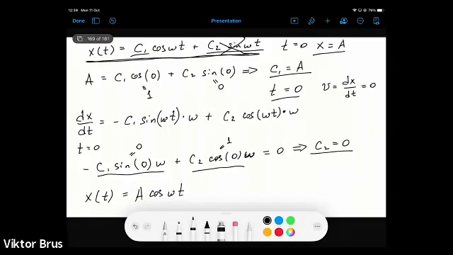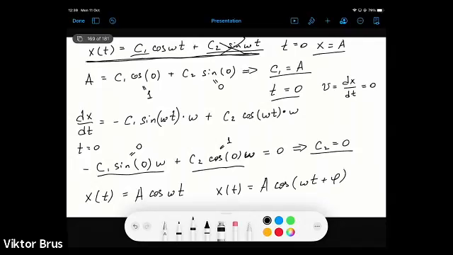To be more general, we need to write it in this form. It will be A, which is the amplitude of the displacement of the particle which undergoes harmonic oscillation, times cosine, and here will be omega t plus phi.